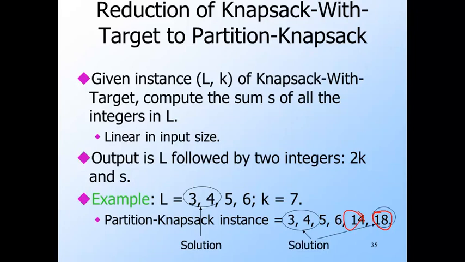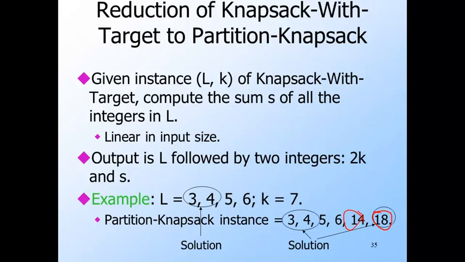The output instance of partition knapsack also has a solution. Take the integers in the solution to the input instance, that is 3 and 4, and include the last integer, the sum of all the integers on list L. Notice that both the selected integers, 3, 4, and 18, and the unselected integers, 5, 6, and 14, sum to 25, which means we have a solution to partition knapsack.